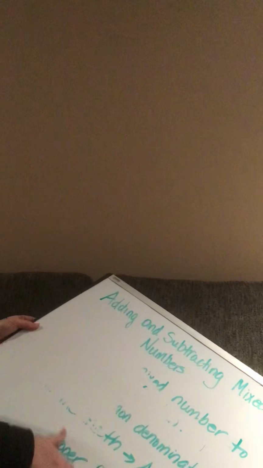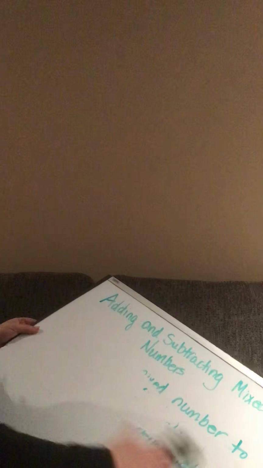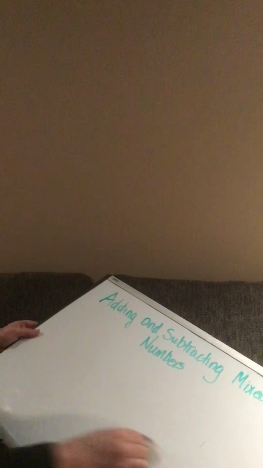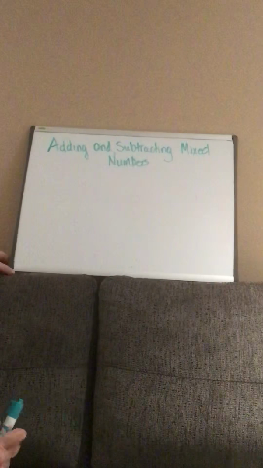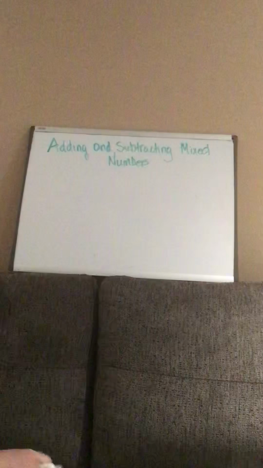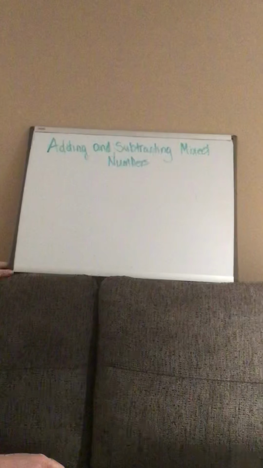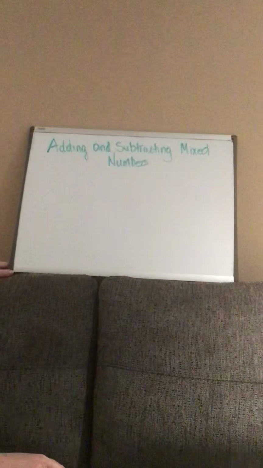I'm going to do an example of addition first, and then I'll do an example of subtraction. This is where all of those concepts we've been learning come into play. We have our mixed number to improper fraction, to mixed number, using that lowest common multiple to find the common denominator, and our adding and subtracting.